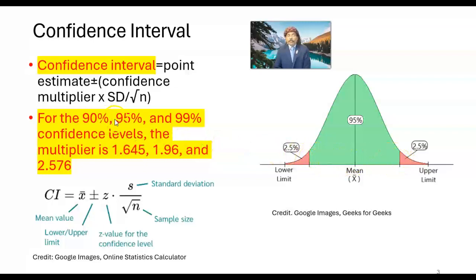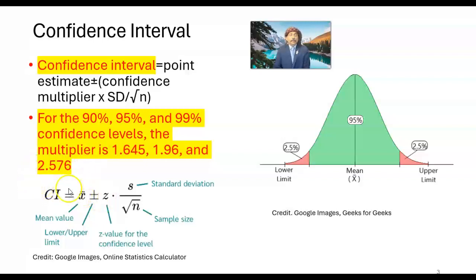For 90%, 95%, and 99% confidence level, the multiplier is 1.645, 1.96, and 2.57. That is the Z value. We can get it from the chart, and these are present at the end of all statistics books.